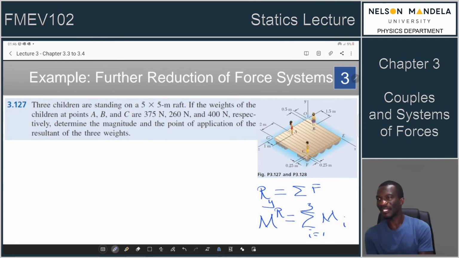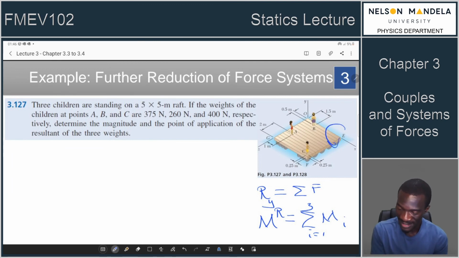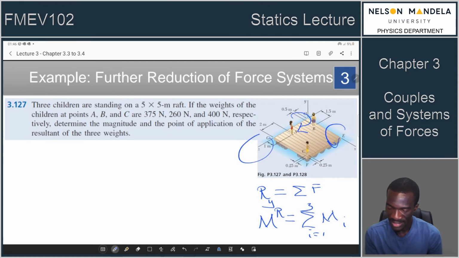So we can tell from this exercise that each of these children will generate, due to their weight, which is vertically down in the y-axis, a turning effect. There will be a turning effect about the x-axis and another turning effect about the z-axis. And as you can tell, all these turning effects are in the clockwise direction for the z direction, and anti-clockwise for the x direction.